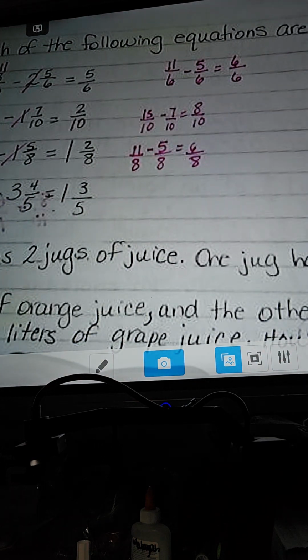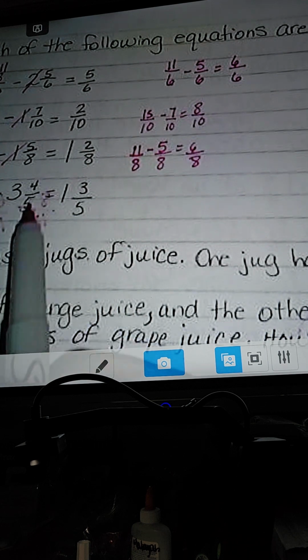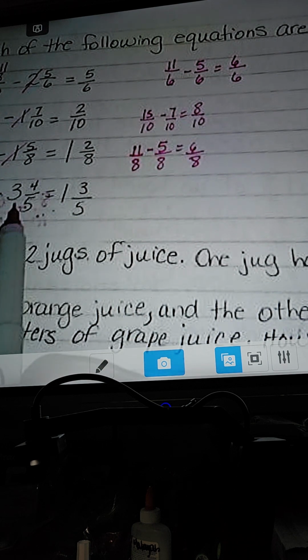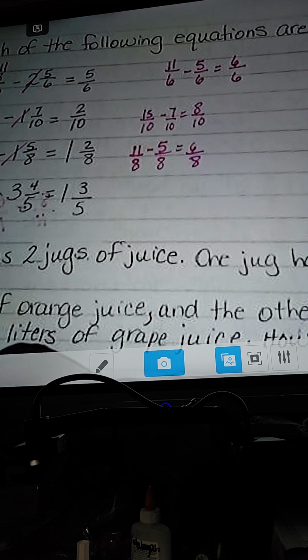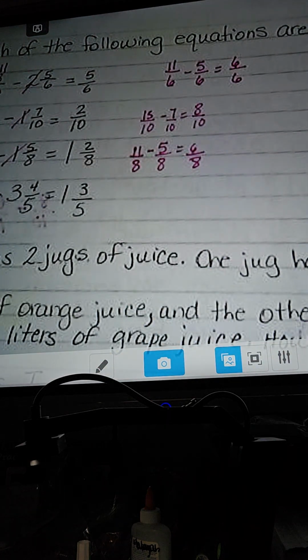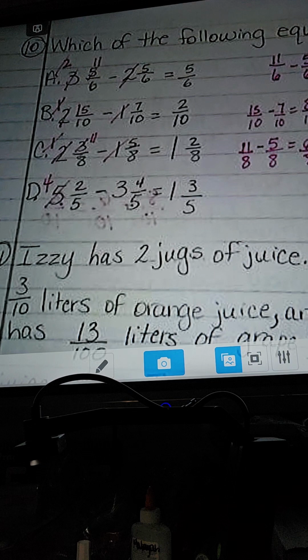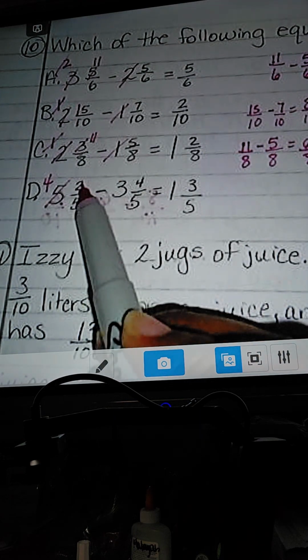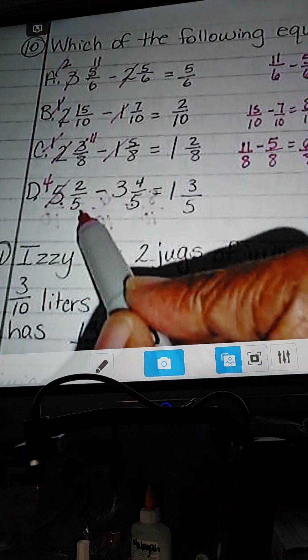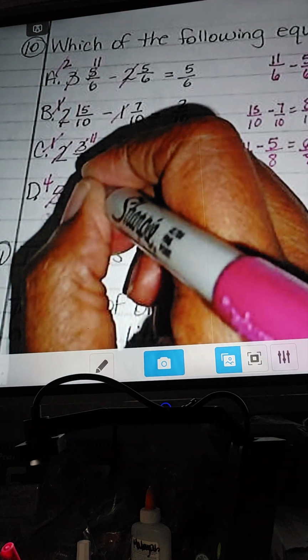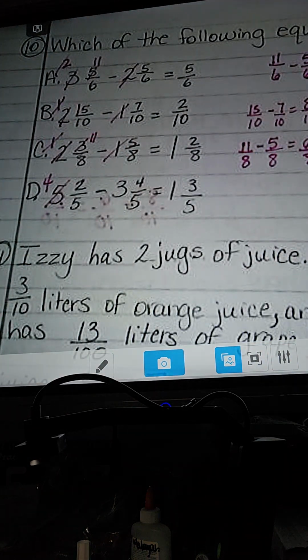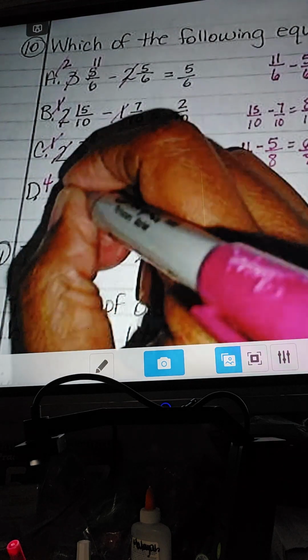All right, let's look. So 5 and 2/5 minus 3 and 4/5. Well, I can take my whole numbers away, but I can't take 4 from 2. So I have to regroup again. The 5 becomes a 4. And then I add my denominator to my numerator, because 2/5 plus 5/5 equals 7/5.